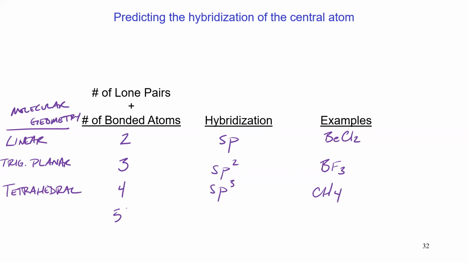When we go up to 5 lone pairs and bonded atoms, what do we call that geometry? I should say, maybe this was confusing earlier, I should say this is our electronic geometry, if it's a mix of lone pairs and bonded atoms. But if we have 5, what shape is that? Trigonal bipyramidal. That's it.